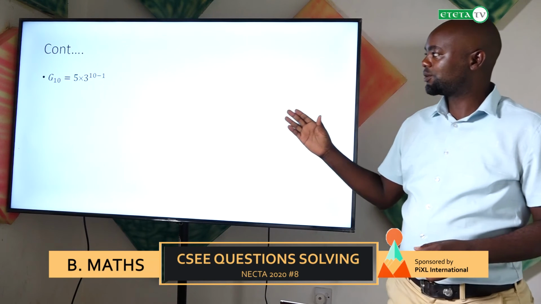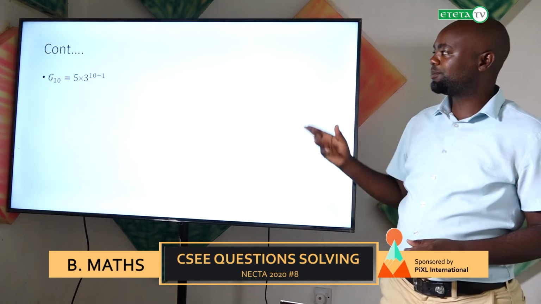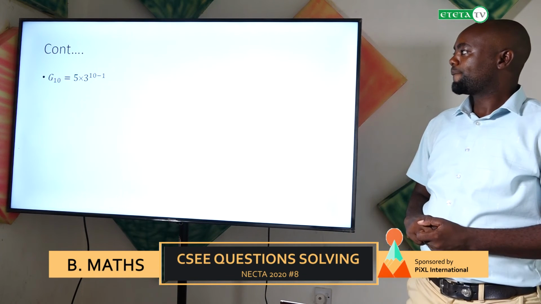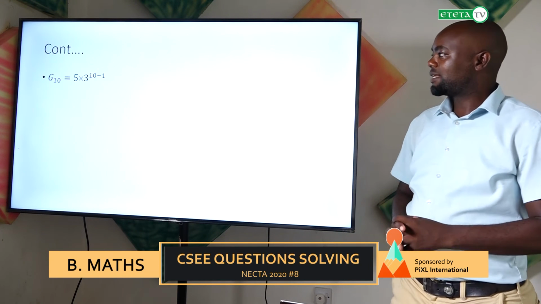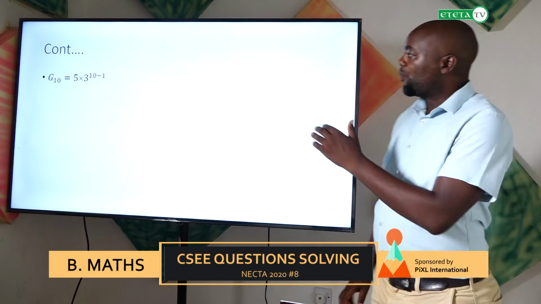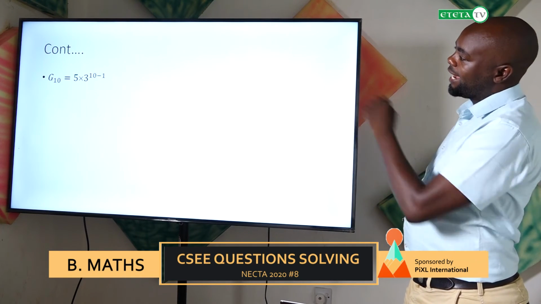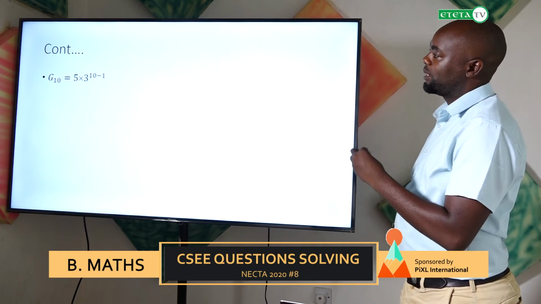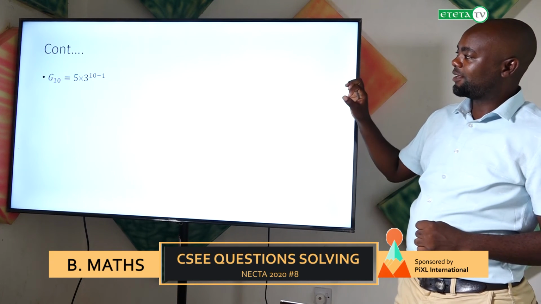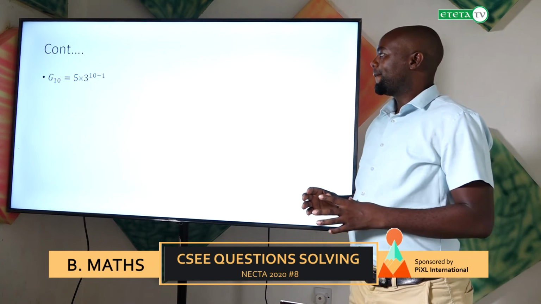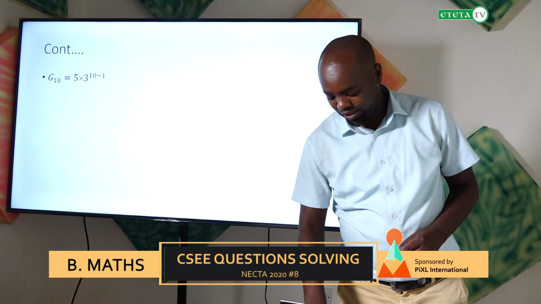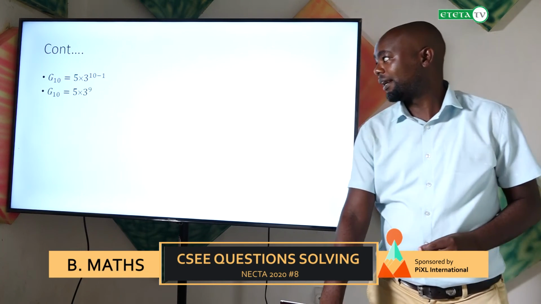So G10 is equal to 5 times 3 exponent 10 minus 1. When you have exponents and you're supposed to subtract, make sure you subtract first. When you subtract there, you get 5 times 3 exponent 9, after subtracting 10 minus 1.